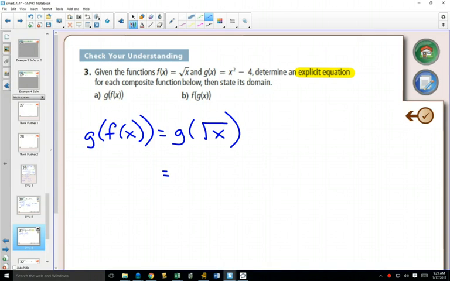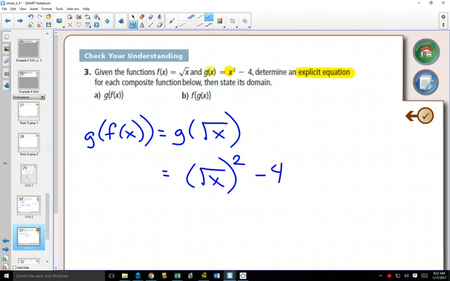The function g of x says, whatever I plug into g of x, that value gets squared, and then I subtract 4. So we would have this squared, subtract 4. Well, what happens with squaring a square root?